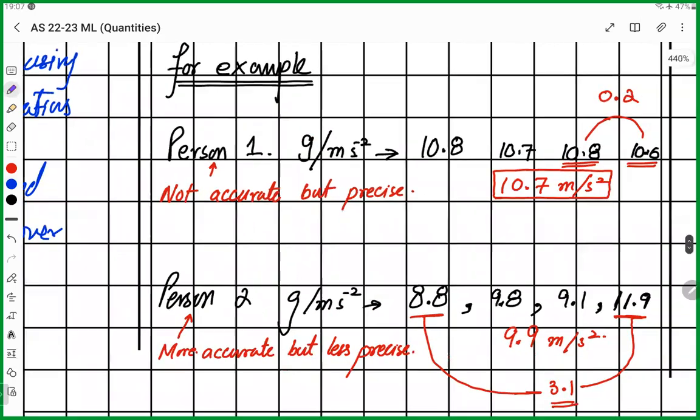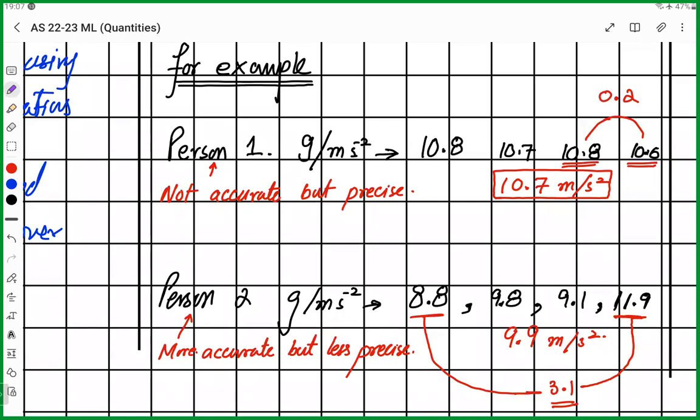Random errors. And how can you say that? Because it was not accurate, but it was precise. And random errors affect precision or accuracy? So they affect precision. So first person is precise.